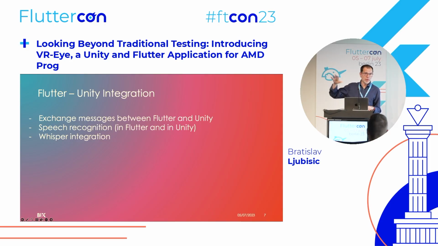Whisper, I don't know if you know, is an OpenAI library for speech recognition and transcription. It is a more advanced library than VOSK, which we are using in Unity. With some of the tests, we really needed proper speech recognition patterns within our application, so we decided to use the Whisper library for that.